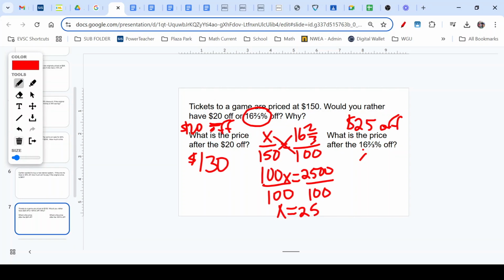And we're paying $125 after our discount of $25.